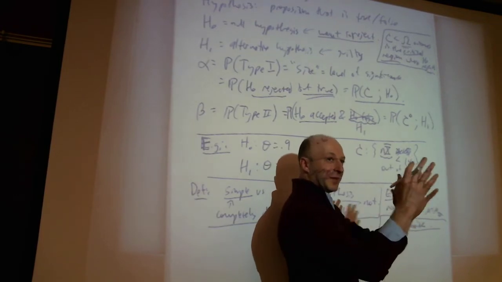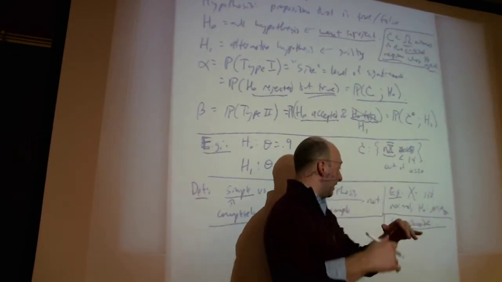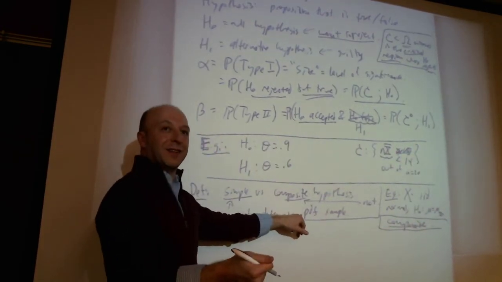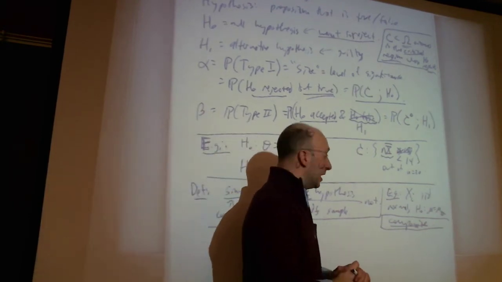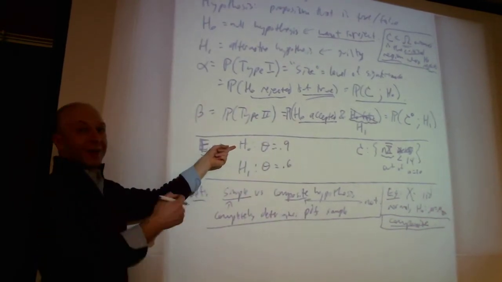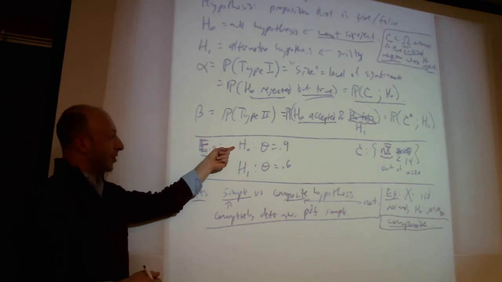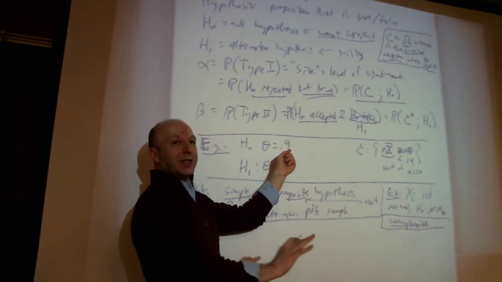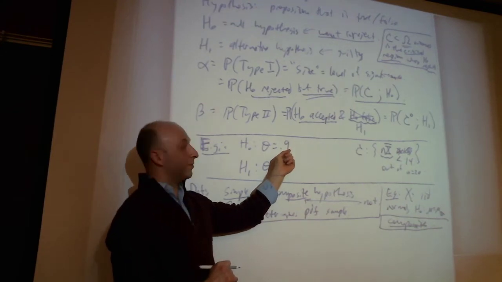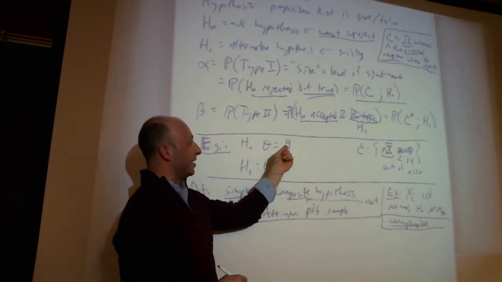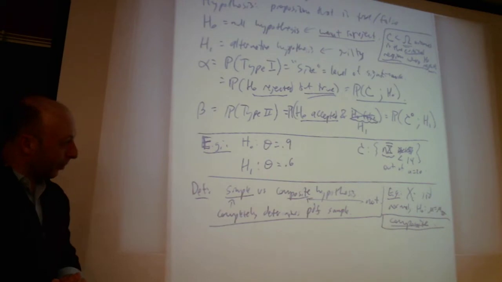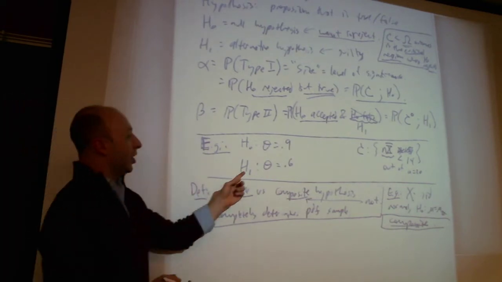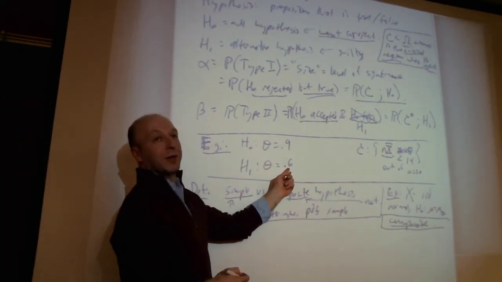I've just told you where the mean is, but not what the exact PDF is, because I need the standard deviation. As opposed to a coin flip, a Bernoulli trial, where there's only one parameter, and if I say theta equals 0.9, now I've completely determined what that density function looks like. So this is a simple hypothesis. What if I put here theta is less than or equal to 0.6?